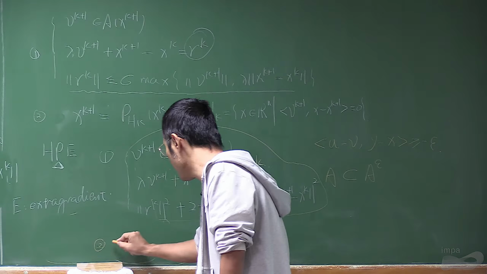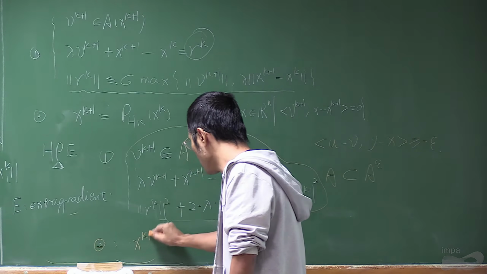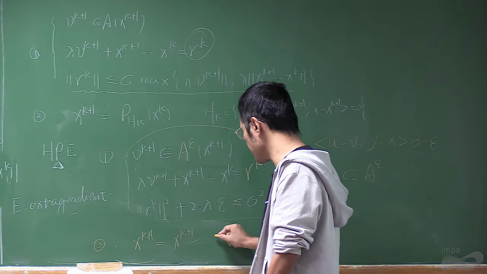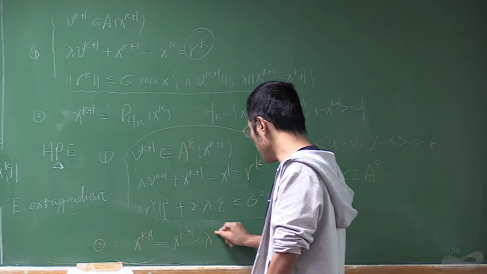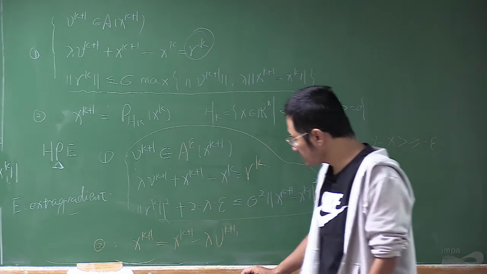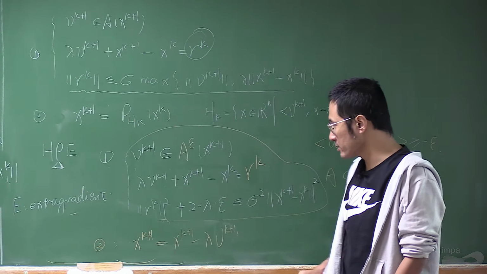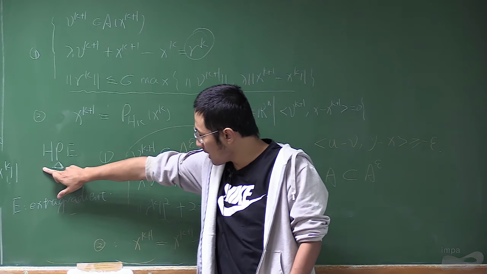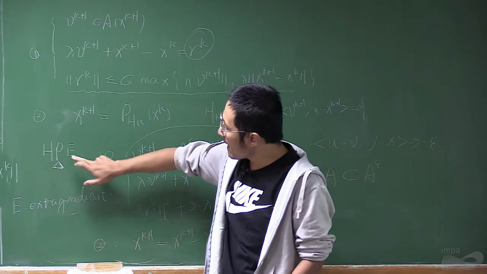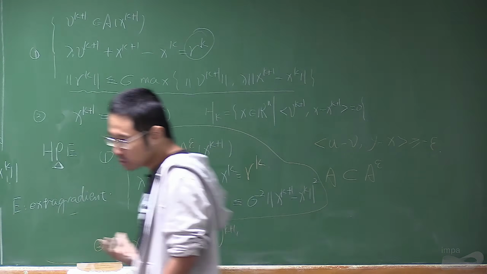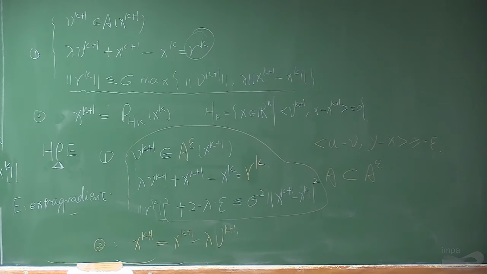So the second step is xk plus 1 equals xk minus lambda vk plus 1. These two steps together give us the hybrid proximal extra gradient method. This was proposed by Solodov and Svaiter, also in the 1990s, in another paper.